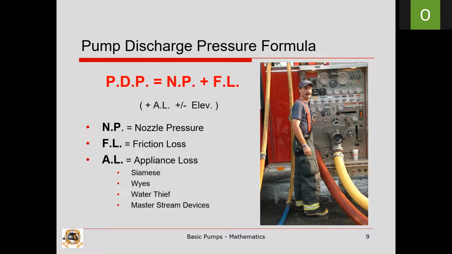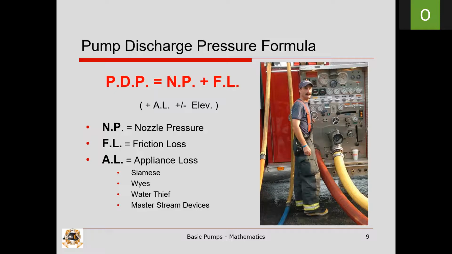Appliances, I mean, these talk about Siamese and Wyes and water thieves, that sort of stuff. In today's firefighting, those were really a big thing back in the 50s and 60s. Occasionally today, we'll still use a Y, but we're really not using water thieves anymore, unless we're in the forestry world. I really haven't seen a Siamese used for years.